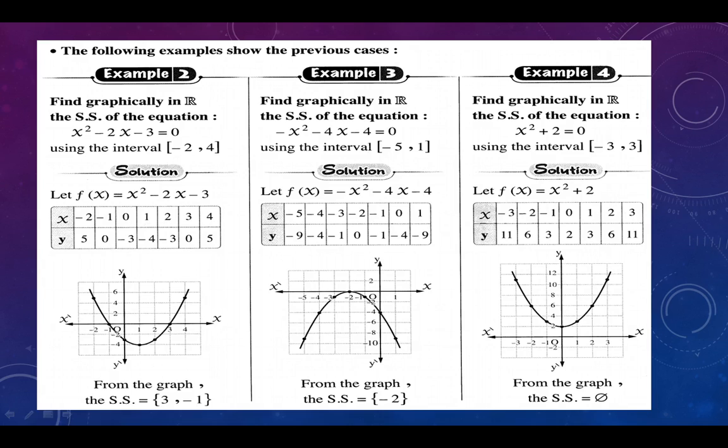Okay, and y will be equals 5, 0, -3, -4, -3, 0, and 5.